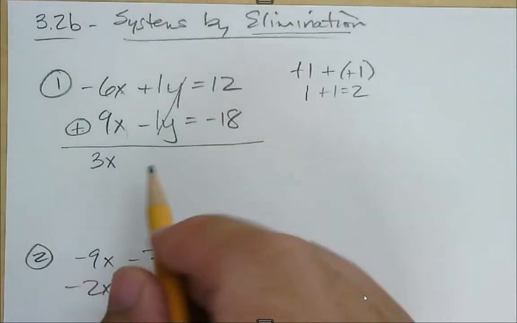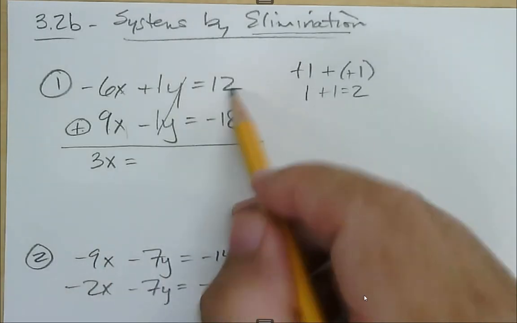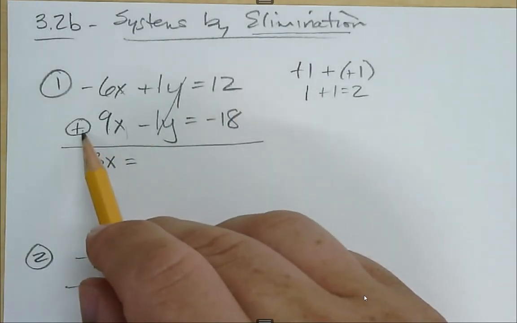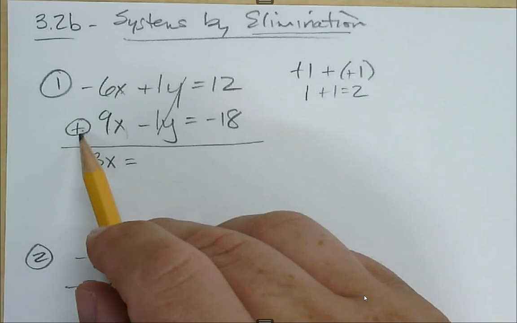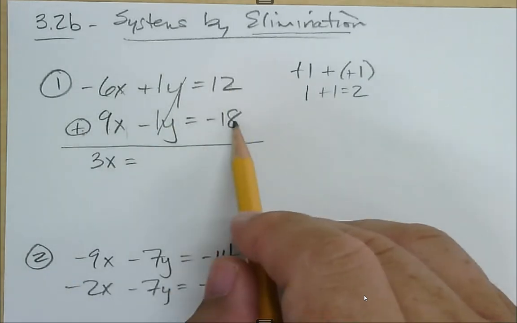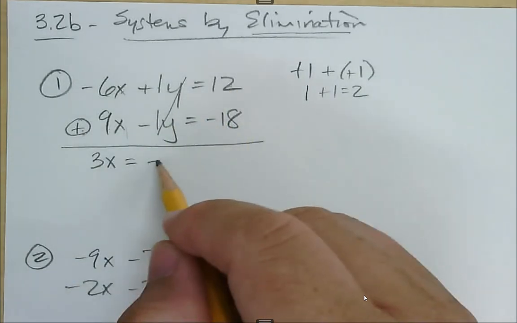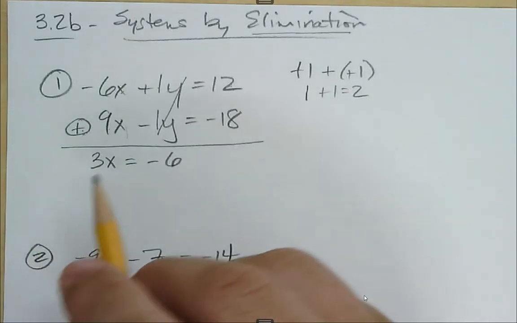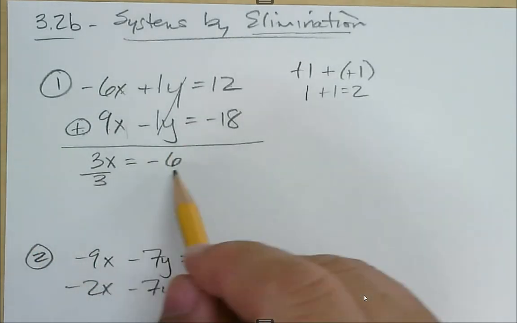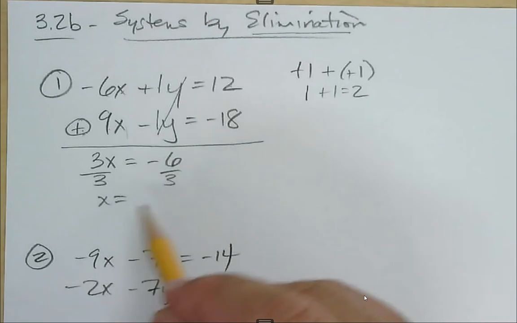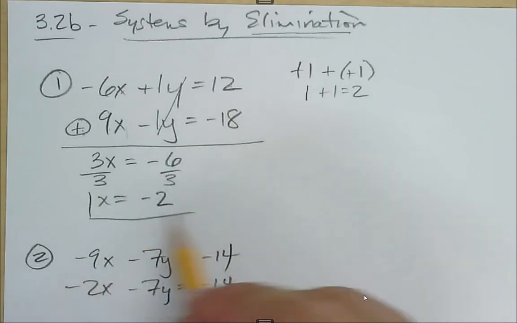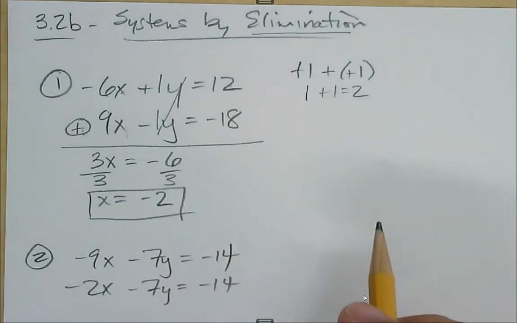So those are eliminated, and now I'm left with 12 plus, and that's the reason I put this over here so that I'm reminded of what operation I'm doing, a -18, which is going to give me a -6. And so if I go ahead and finish and solve this, I'm going to just divide by 3. And really quickly, you notice I get x equals -2, okay? Very quickly, I get my answer that I need.